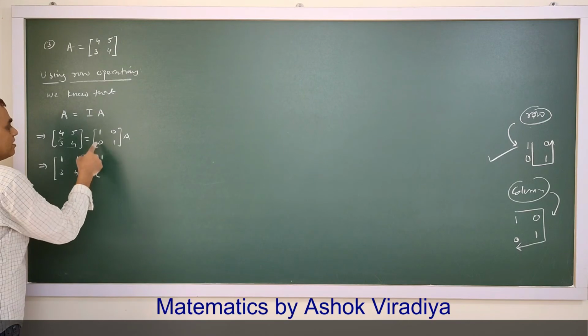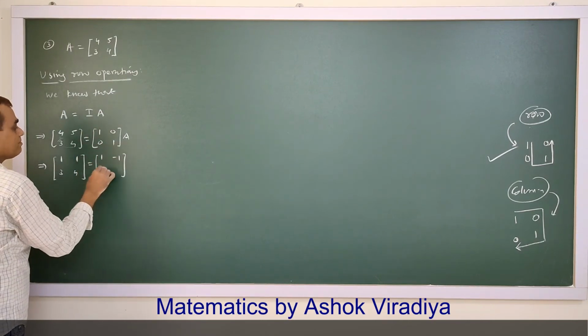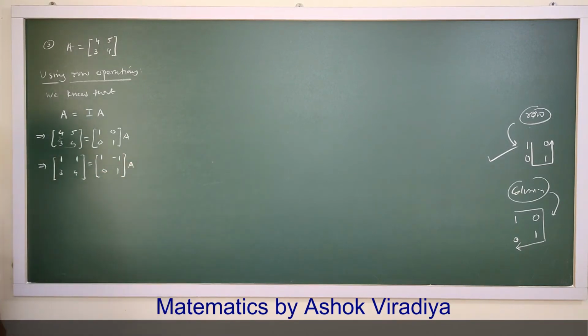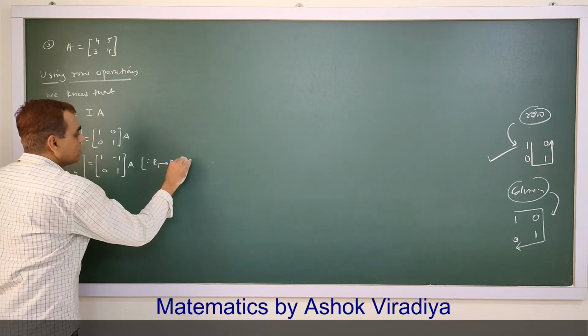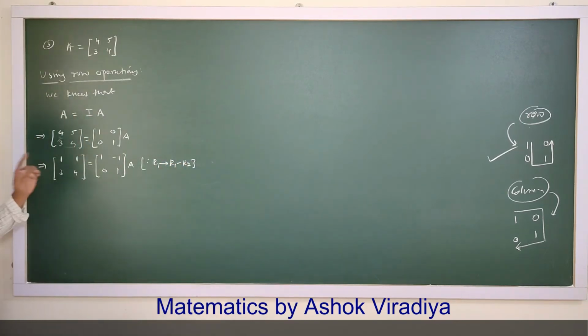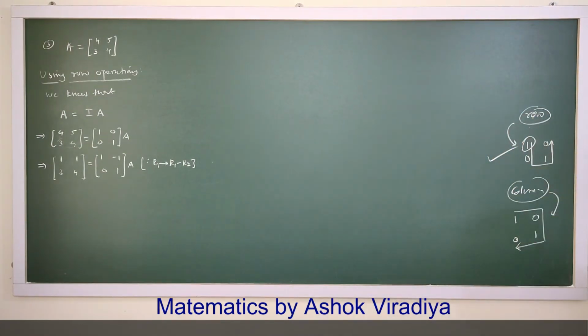Similarly here, 1 minus 0 is 1. 0 minus 1 is minus 1. What is done here? In first row, second row is subtracted. So 1 is okay. This is done. Now we get 0.